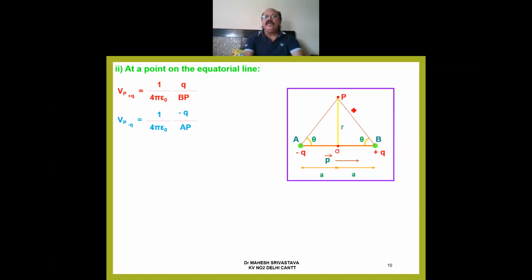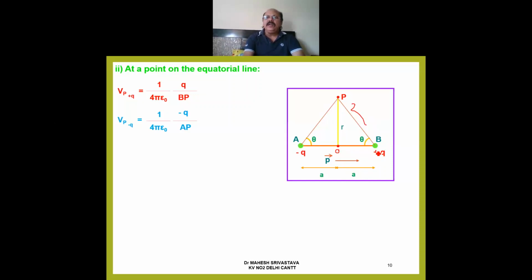Then you find out the electric potential at P due to the plus q charge. Similarly, find out the electric potential at P due to minus q charge. And OA distance is a and OB distance is a.